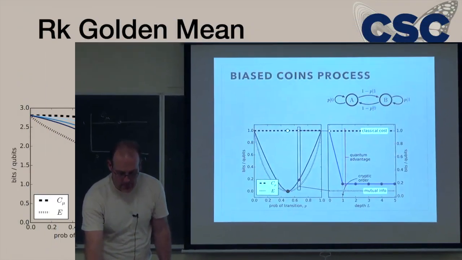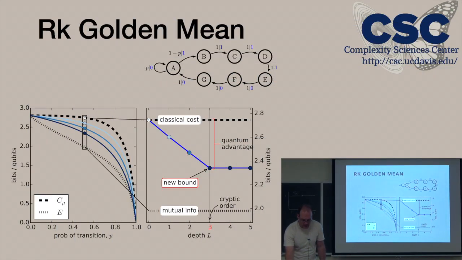Okay, so going on, let's go to something a little bit more interesting. You guys, I think, looked at the RK golden mean, which is a nice way of looking at processes that have a tunable Markov and cryptic order. And this one, I think, has Markov order 4, cryptic order 3. I hope.